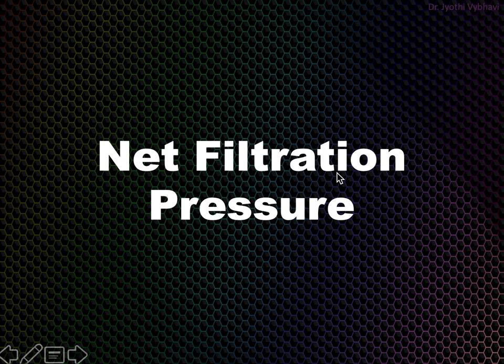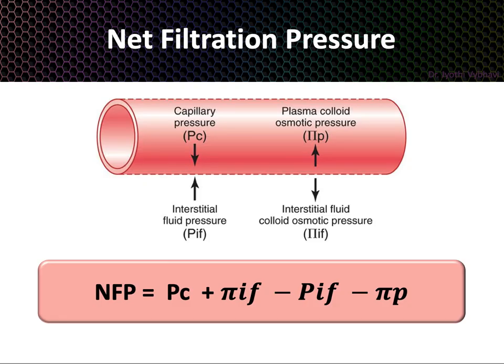Next we'll move on to net filtration pressure. So what is this net filtration pressure? The sum of all the Starling forces, which tells us whether there is filtration or absorption, is called net filtration pressure. It's given by this formula, where P is nothing but the fluid pressures, and pi is nothing but the colloid osmotic pressures.